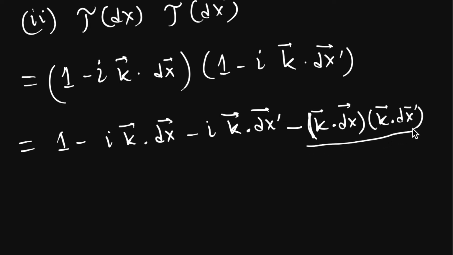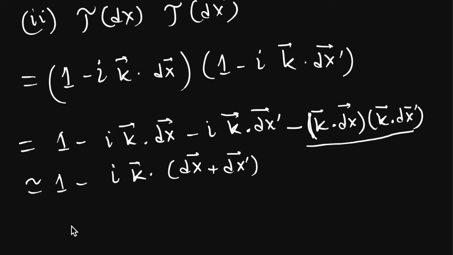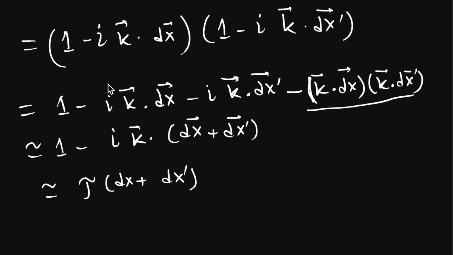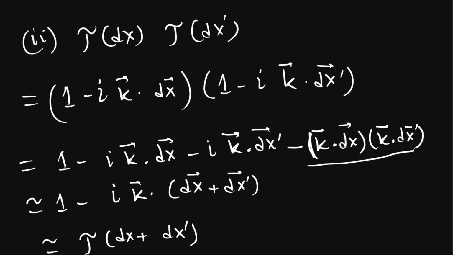Since this is second order in dx, we can safely ignore this term. Then we will get 1 minus i k dot dx plus dx prime, which is equal to tau dx plus dx prime. So the form that we have taken for tau dx actually follows the second property as well.